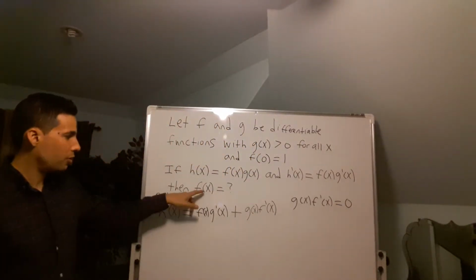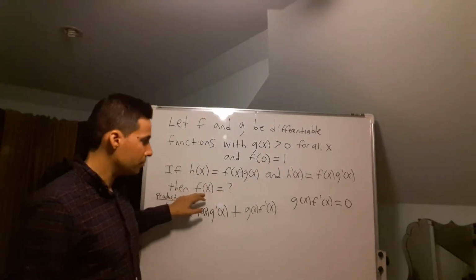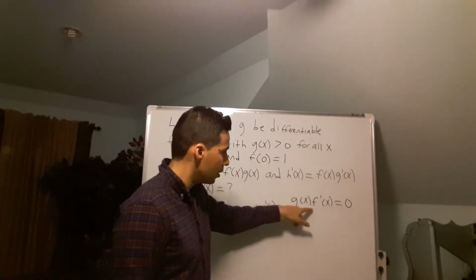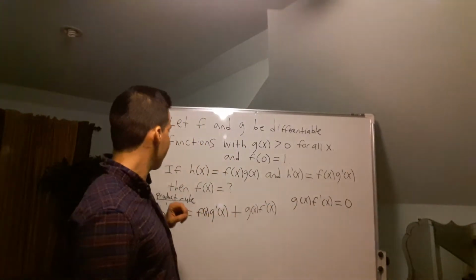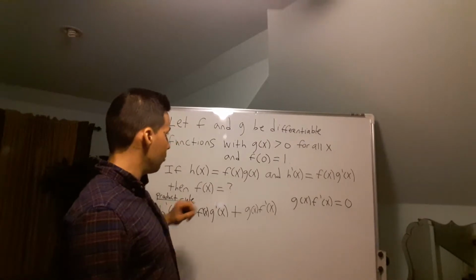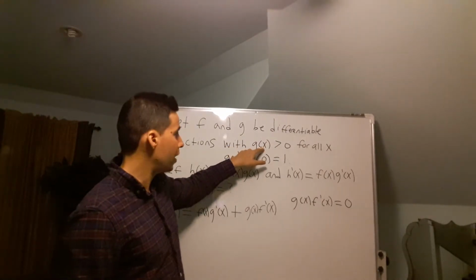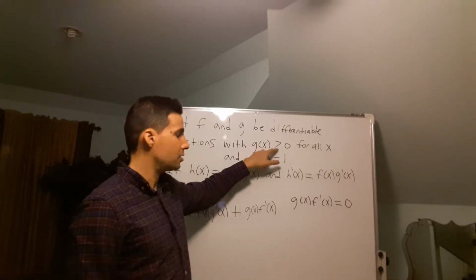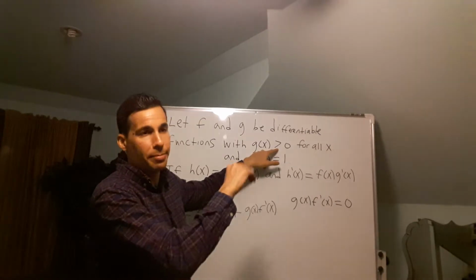Okay, so we want to figure out what f of x is. That was the problem. So over here, now how can this expression here equal 0? Now, using the information that we have at the beginning, g of x is not 0. g of x is always a positive function, which means the function always is above the x-axis.